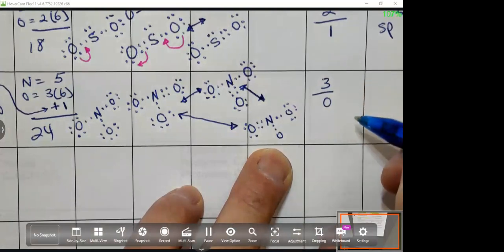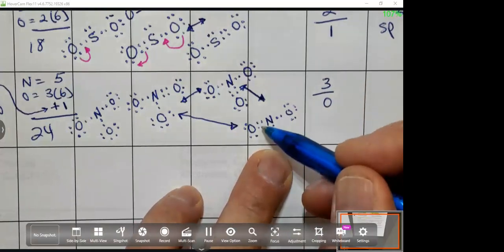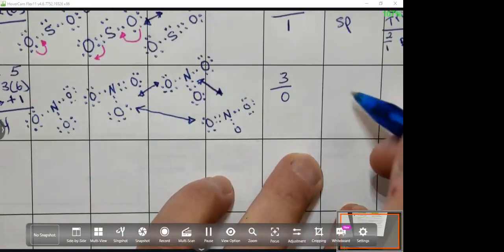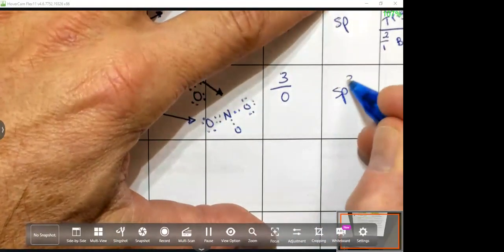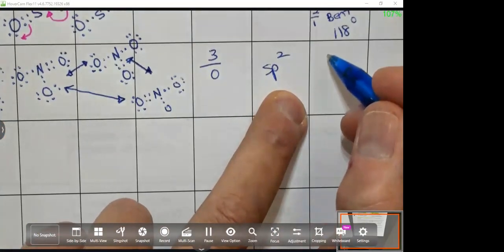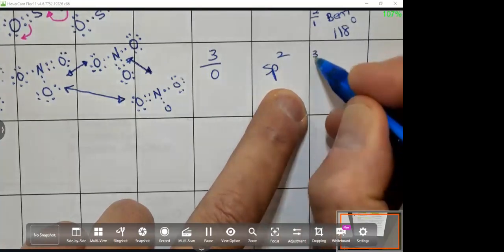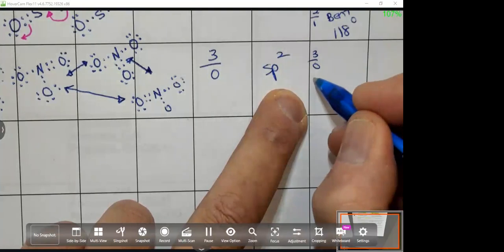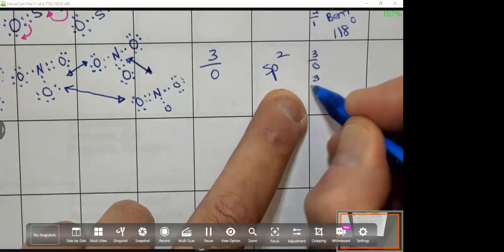3, 0, right? It's a 3, 0. 1, 2, 3 bonding domains, 0 non-bonding domains. For 3, 0, my hybridization is sp2. My electron pair geometry is 3, 0, right? And my molecular geometry is a 3, 0.